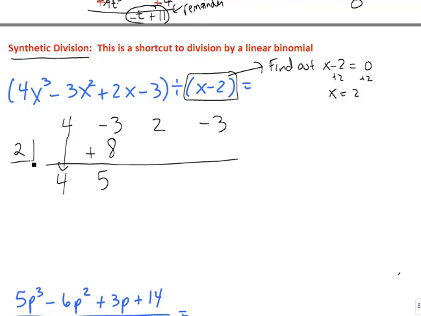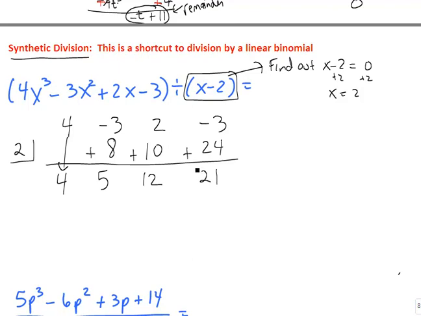Next we're going to multiply again. So 2 times 5 is 10. And then we're going to add down. 2 plus 10 is 12. Multiply 2 times 12 is 24. And add down. -3 plus 24 gives me 21.